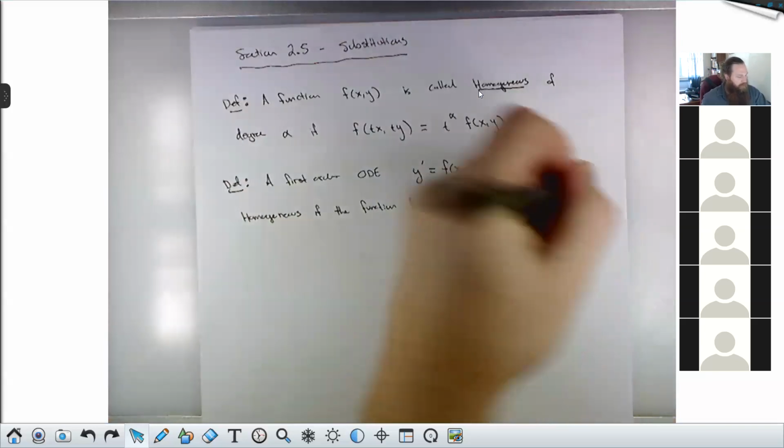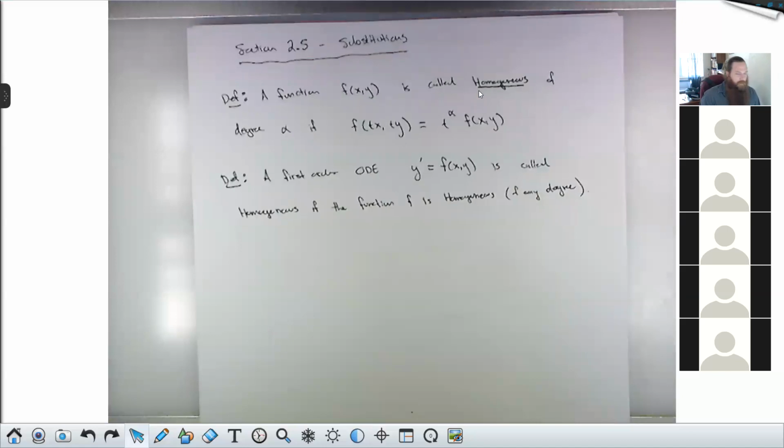Right, so a homogeneous differential equation is a first order ODE, and any first order ODE is an expression like this. And we call the equation homogeneous if the function f is homogeneous. That's all.